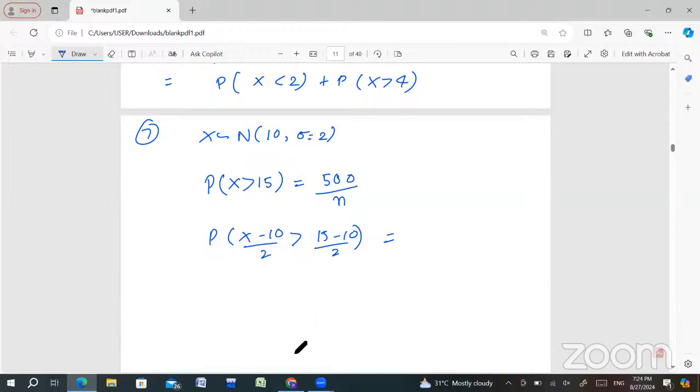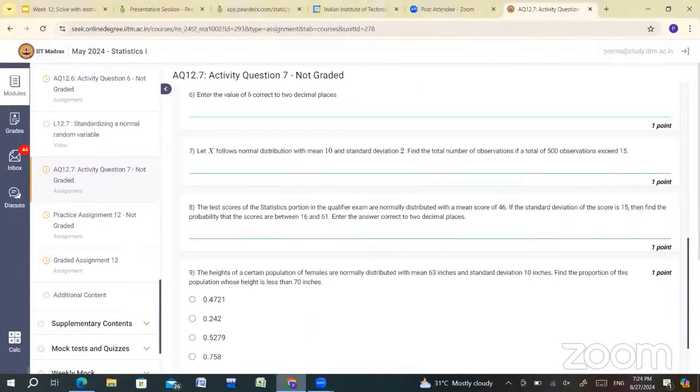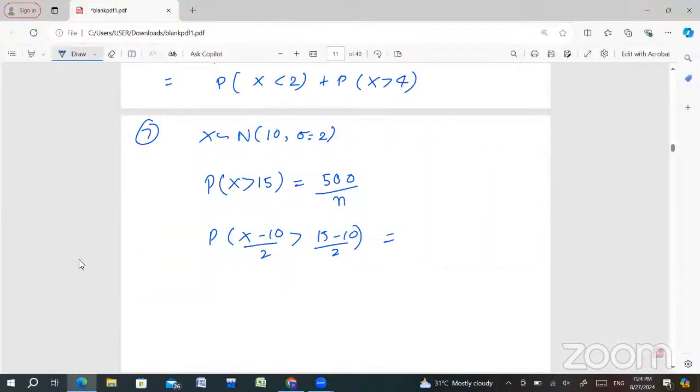And 500 observations are greater than 15, so in terms of probability, you can write it as 500 divided by n. It will give you this probability.